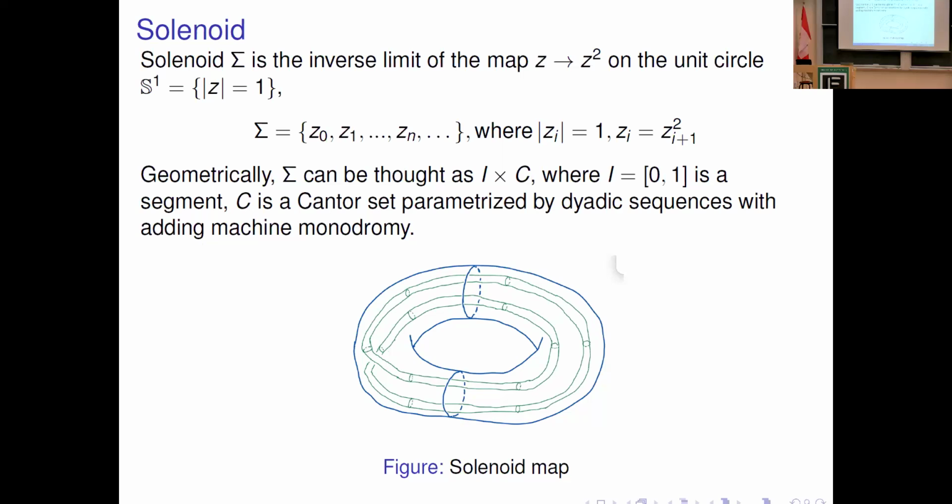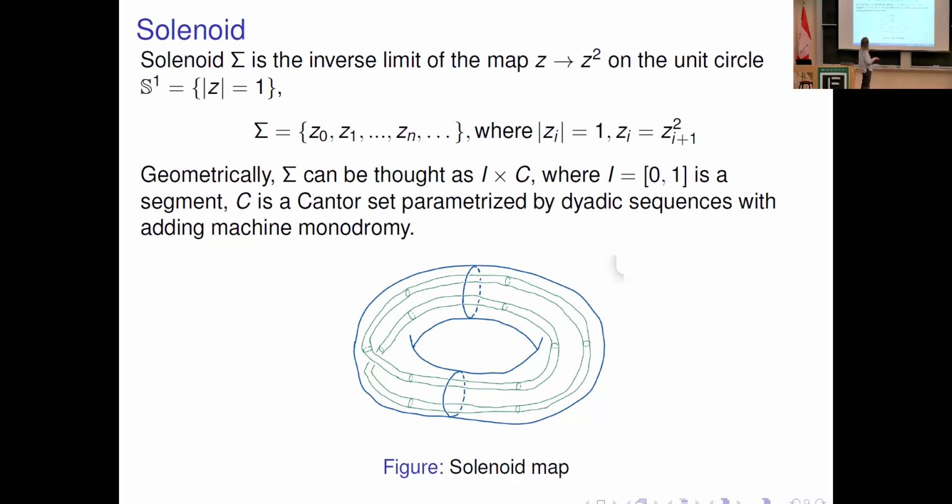I take the unit circle, and I have the map z goes to z squared on the unit circle. I can take a point z naught, I take one of its preimages, and again one of its preimages, and so on.